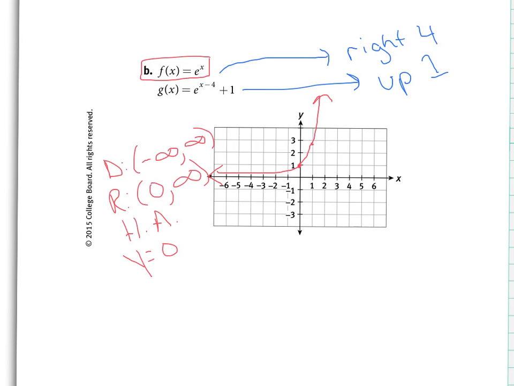Just like our other graphs, that's also going to shift my horizontal asymptote up 1. My points are going to go right 4 and up 1. Right 4 and up 1.